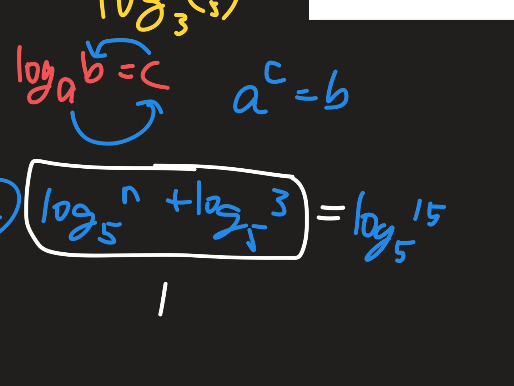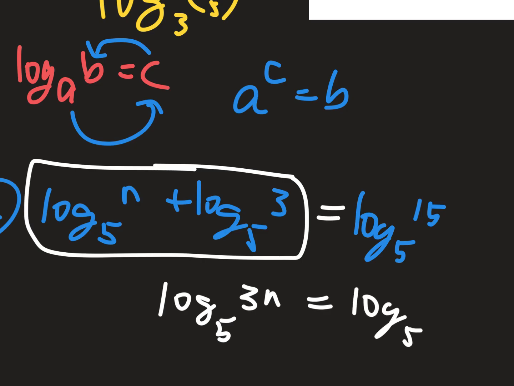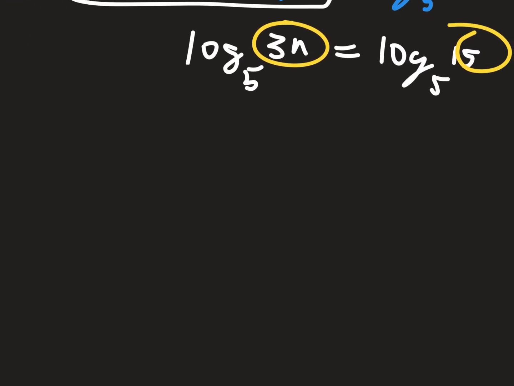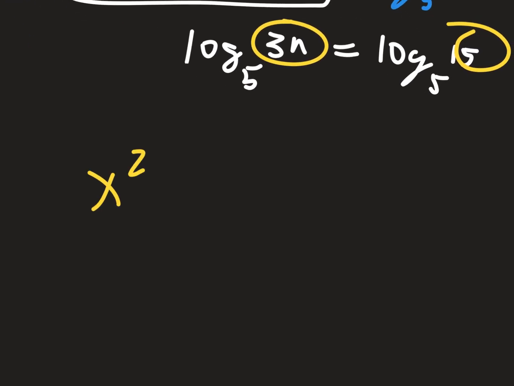Well, these two combine into log base 5 of 3n, and then I have the log with the same base on both sides. And if the bases are the same, the answer's already there. 3n must equal 15, n equals 5. Who had n equals 5 on that one? Sweet.